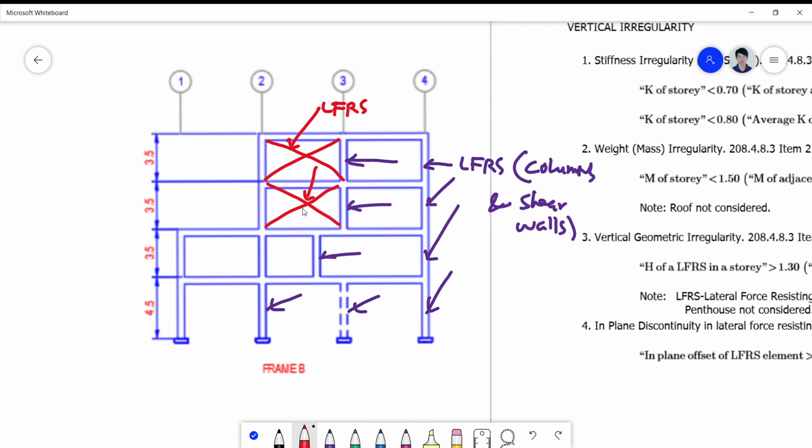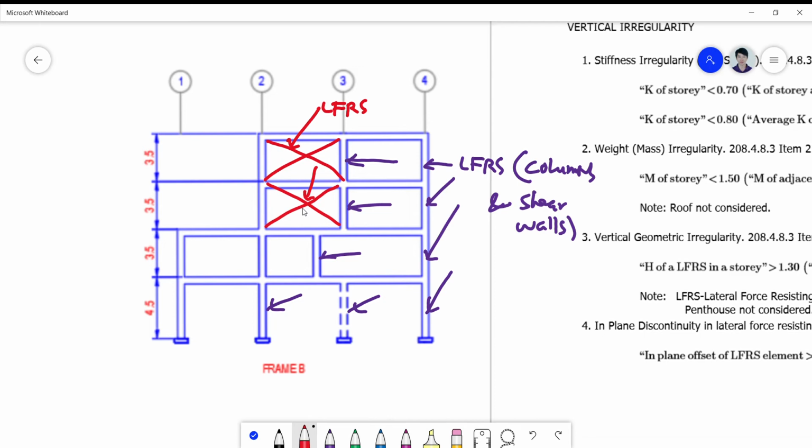So there are a lot of elements that you can add into the LFRS, but basically we have to bear in mind that for simple structures, we only have the columns and the shear walls to contribute to the resistance of your frame directly against the forces of earthquake.